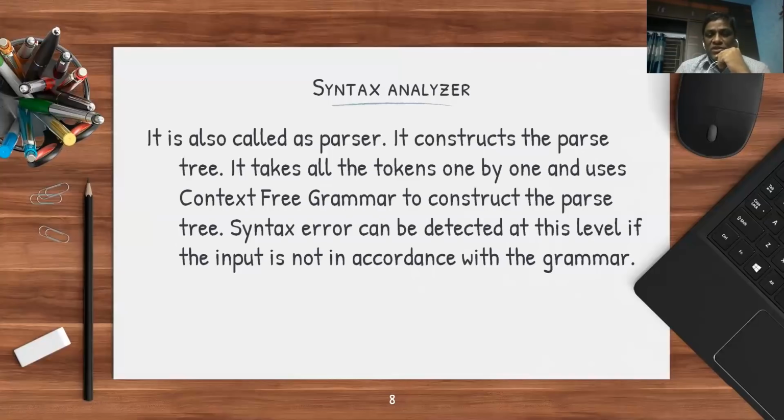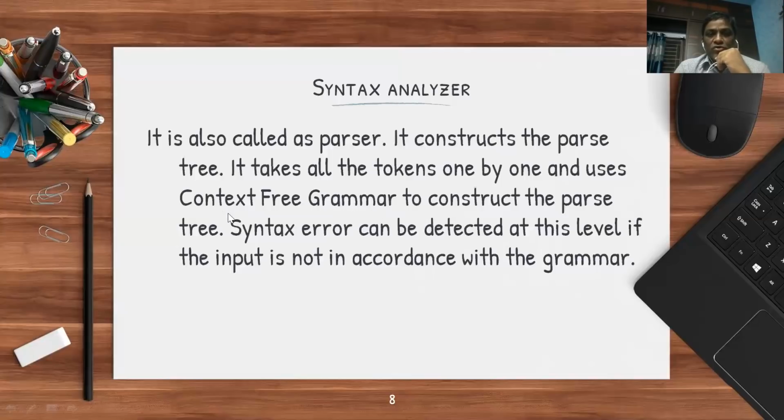Then how does it know whether it is syntactically correct or not? The syntax of a particular language is written in the form of context-free grammar. So you need to build a context-free grammar to specify the syntax of a particular language. Okay, context-free grammar is required here.